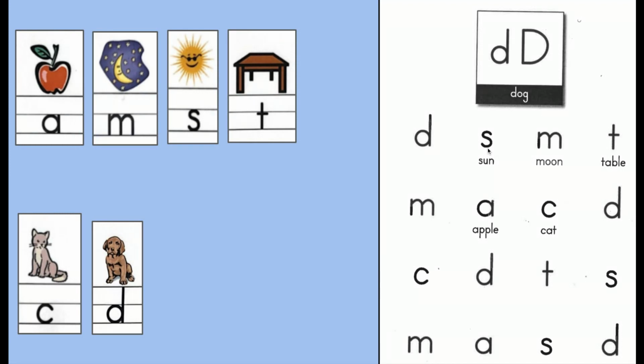S like sun, M like moon, T like table, M, A like apple, K like cat, D like dog, K, D, T, S, M, A, S, D. Let's practice those one more time.